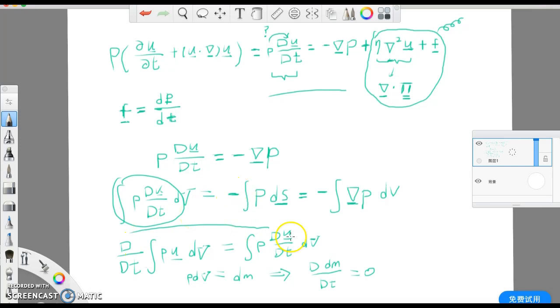And even if rho is changing, we have to use this rho. We just don't put that rho inside. We'll keep it, and that's the completely general equation. Okay.